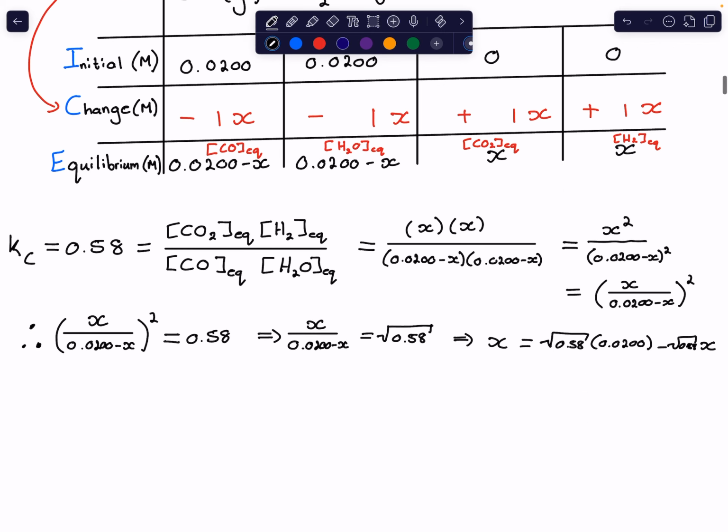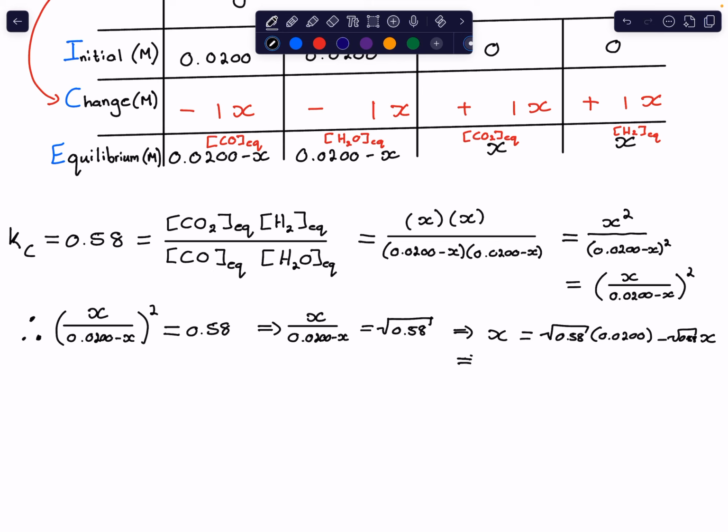Alright, and now we solve for x, so I'm going to take that to the other side, so that becomes 1 plus the square root of 0.58, multiplied with x, equals the square root of 0.58 multiplied by 0.0200.